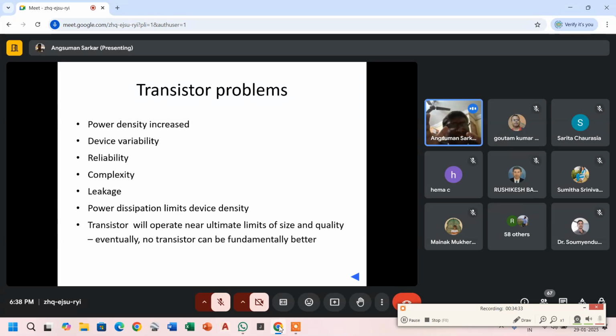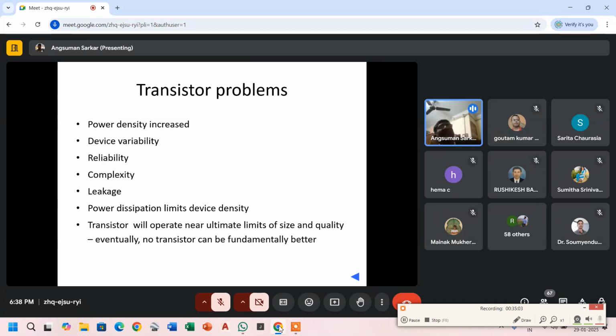As the size becomes 3 nanometer, 4 nanometer, the number of electrons will also be very less. Suppose for one transistor to be in on state, 100 electrons are required. For another transistor, made using the same technology, in the same fabrication, in the same batch, maybe it requires 125 electrons. So see the difference, 25% difference is there.